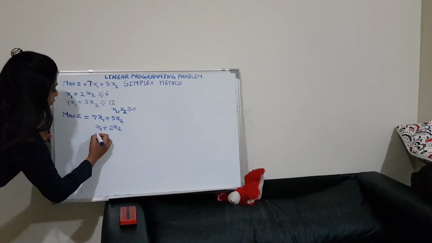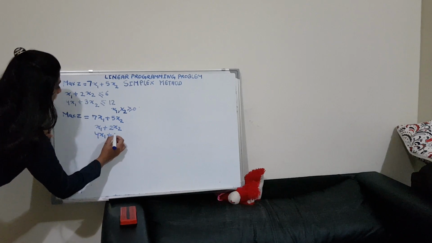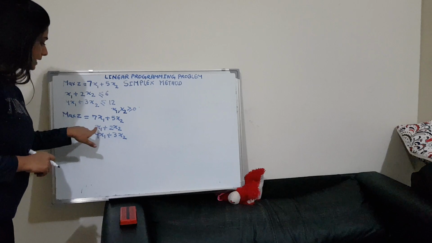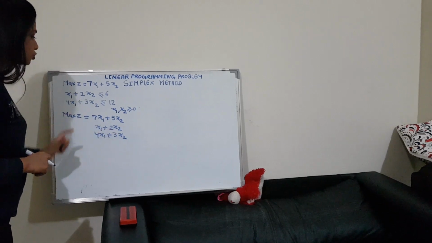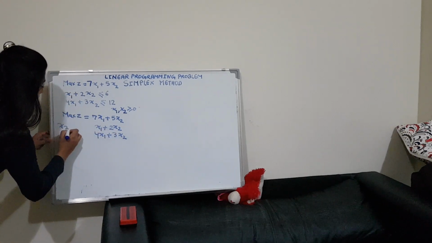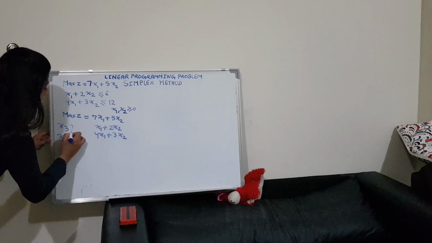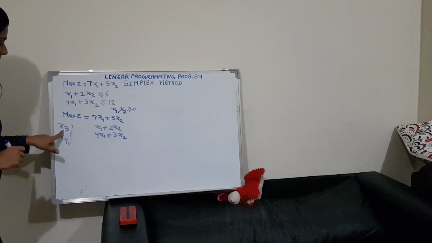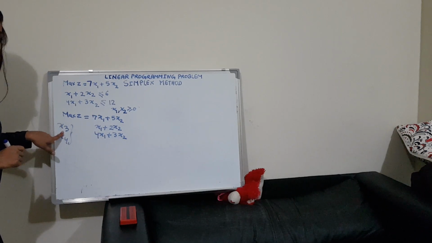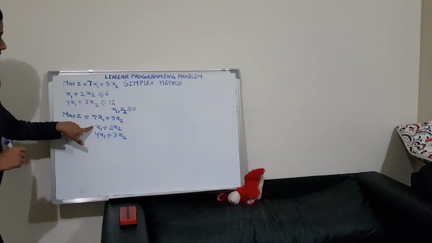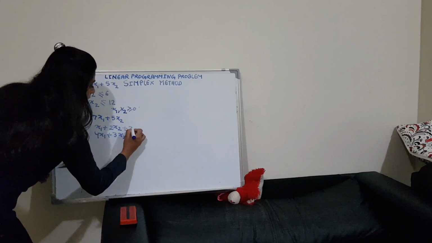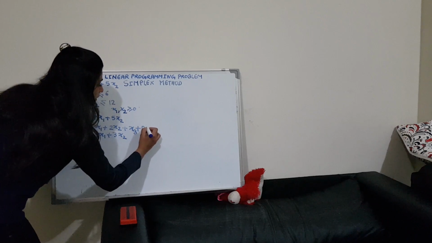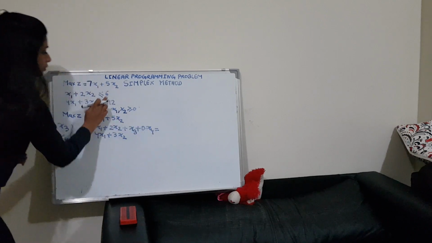Second equation is 4x1 plus 3x2. x1 and x2, these are basic variables, so we will add x3, and second slack variable is x4. These are slack variable and we will add. x3 is first slack variable, so we will add this slack variable in first equation plus x3, and second slack variable we will write like this: 0 into x4 is equal to 6.